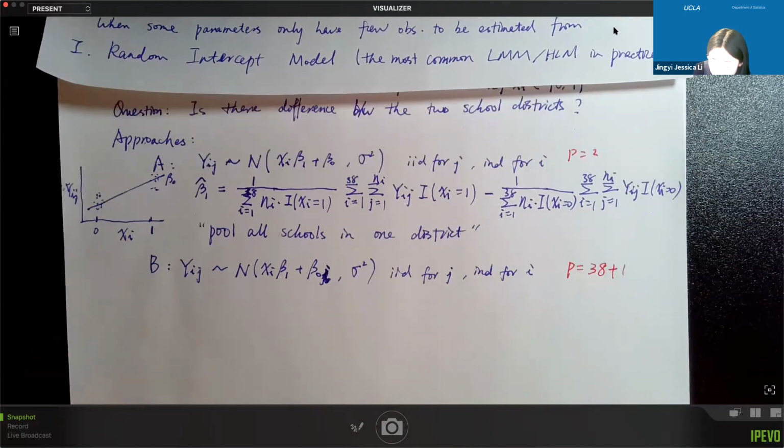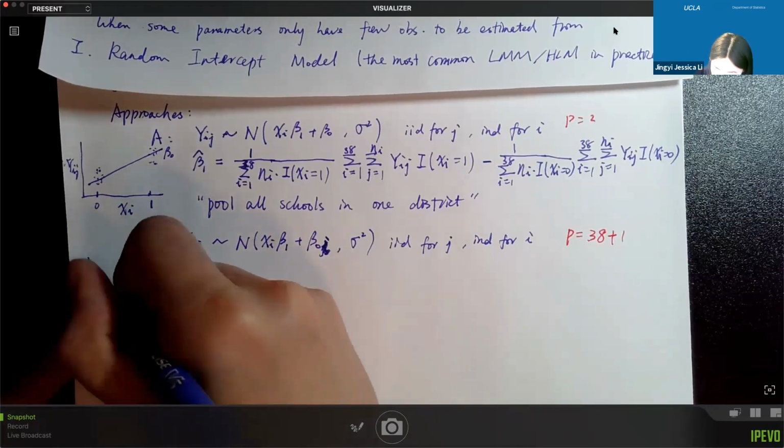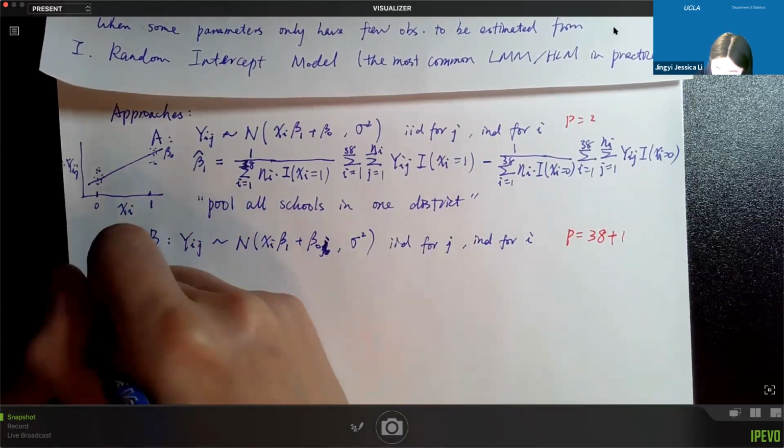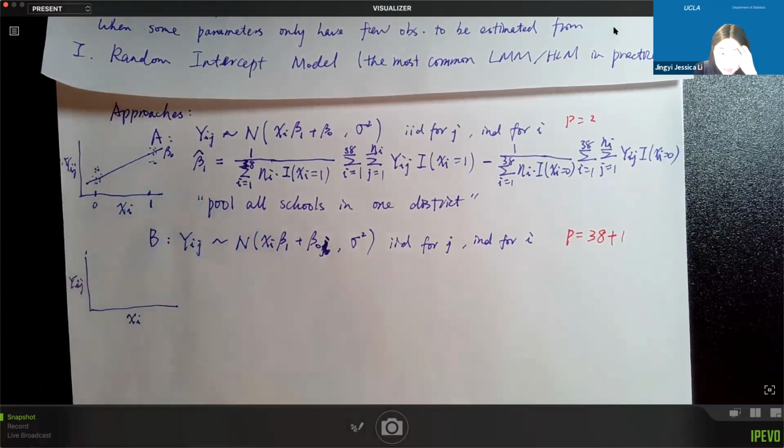But here, it may be a little different. When you do this in approach B, you don't assume there is a common intercept. Instead, you are assuming that the intercept may change with schools.